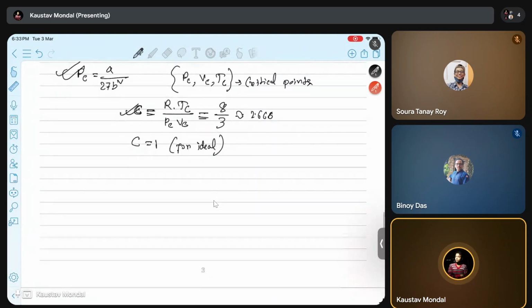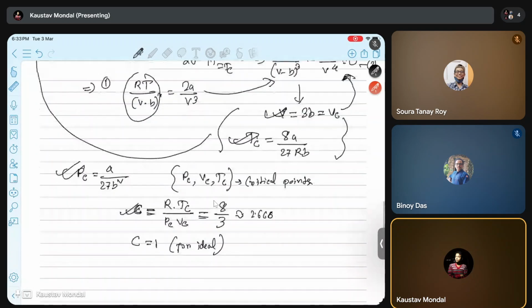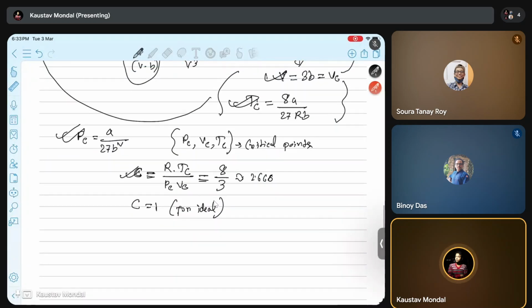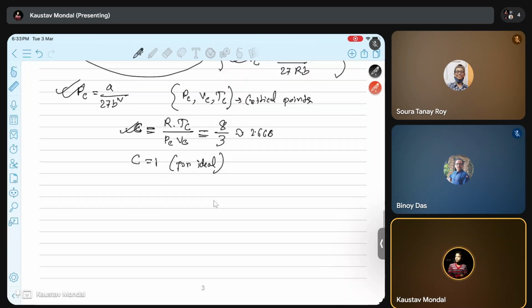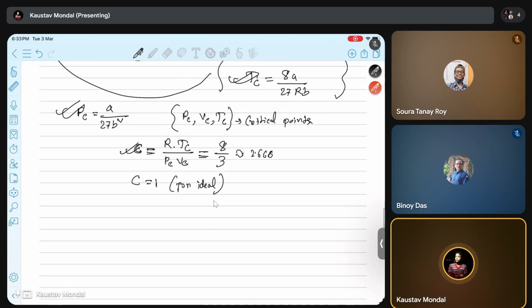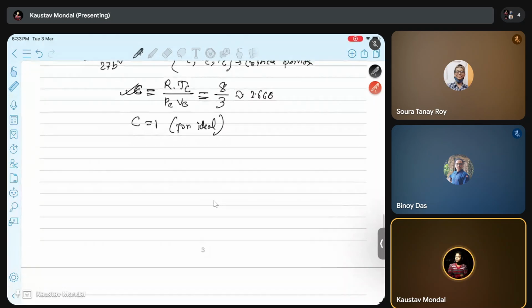Now one other thing you can also do: we have already calculated Pc, Vc, and Tc in terms of these constants a, b, and R. So we can also do the reverse. You can write the expressions of a, b, and R in terms of Pc, Vc, and Tc, right?